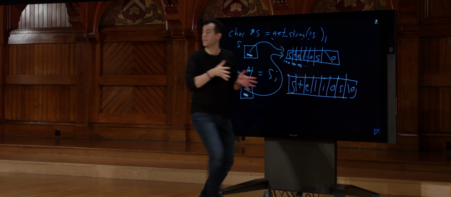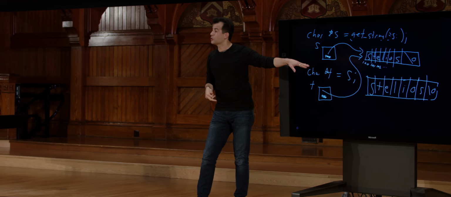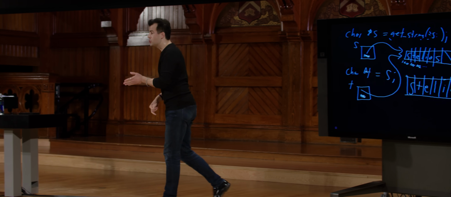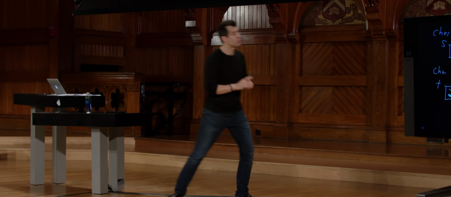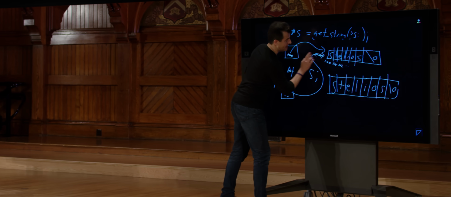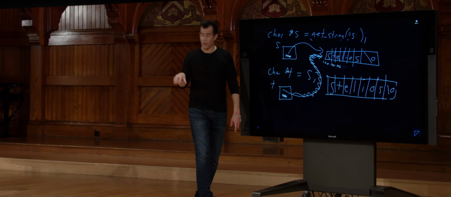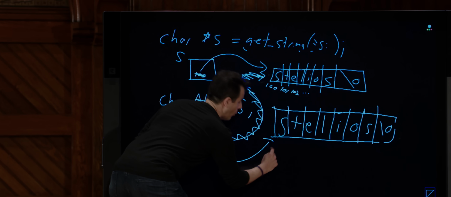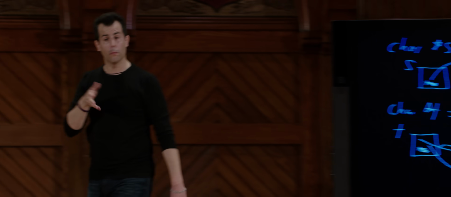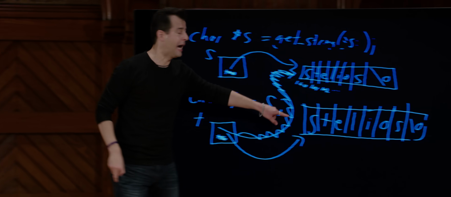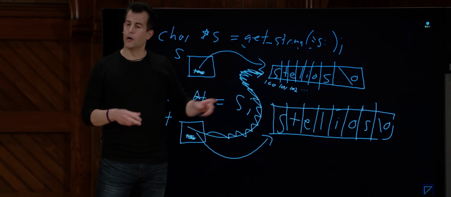Like, what mechanism allows me to get as many characters as I need to fit the original name so that I truly have two copies so that this picture is not this anymore? How do I create a scenario in a correct version of my copy program so that T actually points to a true copy, so that, to your point, when I change the 0th character, I'm changing the 0th character of the copy, not of the original?